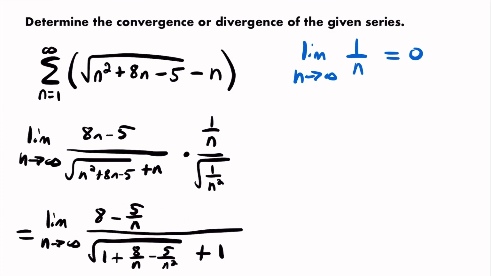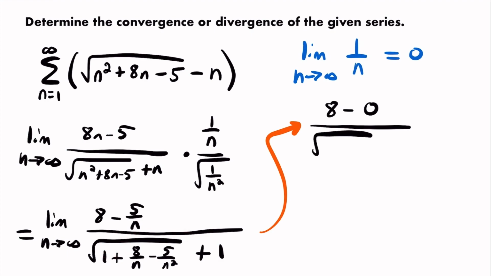All right, so here's what we're going to have. The limit as n approaches infinity of a constant will just be that constant. So we have 8 minus the limit as n approaches infinity of 5 divided by n, which is 0, right? Some constant divided by n. The limit as that n approaches infinity will be 0, and then we're dividing by the limit as n approaches infinity of the square root of 1, which will still be 1, and then we have plus 8 divided by n.